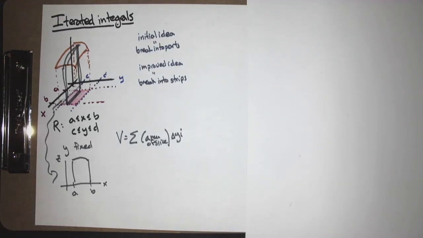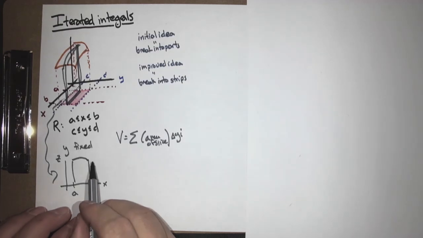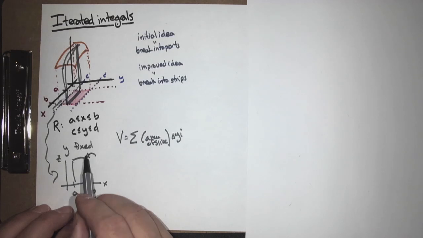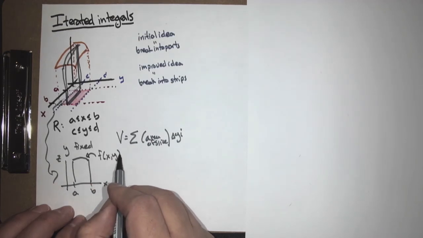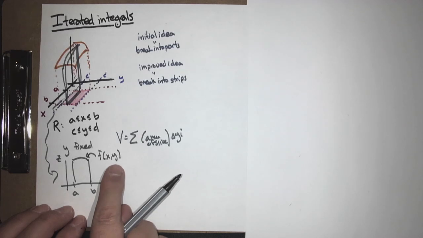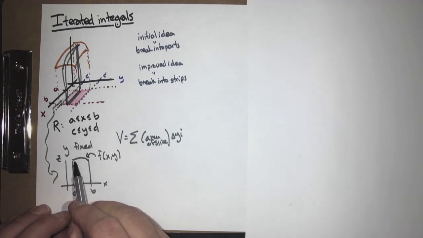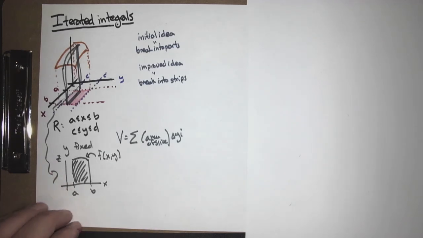So how do you find the area of a slice? Let's think about it. This is the function f of x comma y, but in this case, y is fixed. How could you find this area? What would you do?